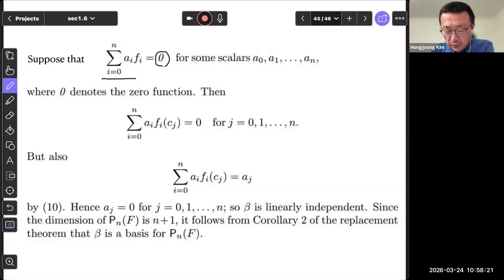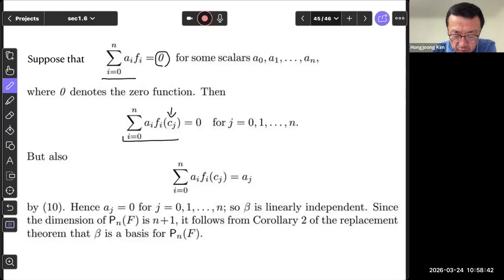Then, given this zero function, so this is a zero function. That means when I evaluate that function at any point, even C sub j, the value of the function at C sub j will be 0.